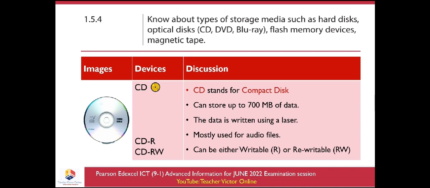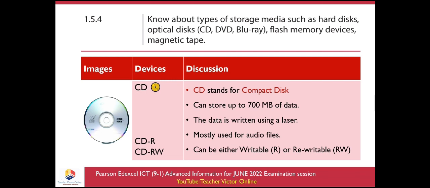And a CD can either be recordable R or rewritable RW. I'm sure you have seen CDs written CD-R or CD-RW. This means that the CD-R is recordable only, meaning that you cannot rewrite it.